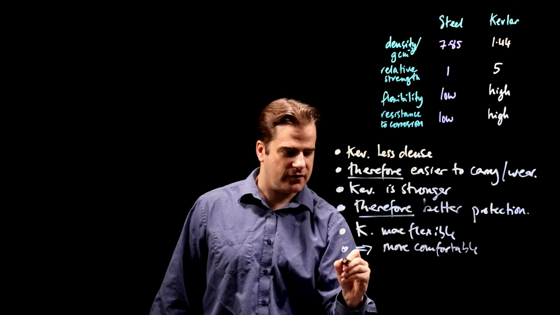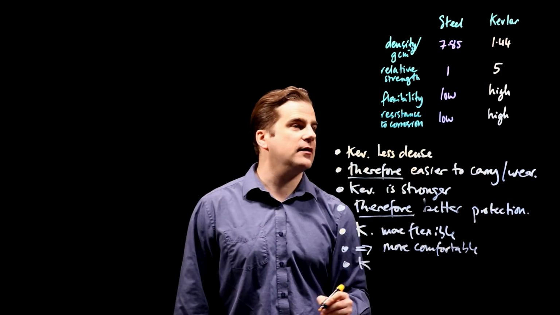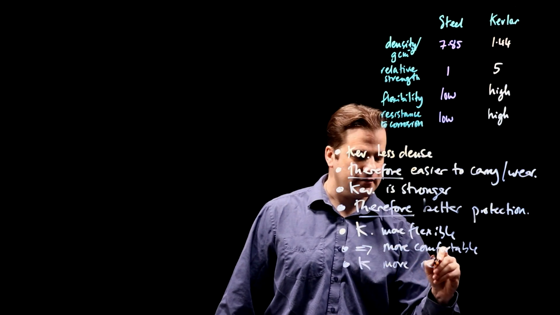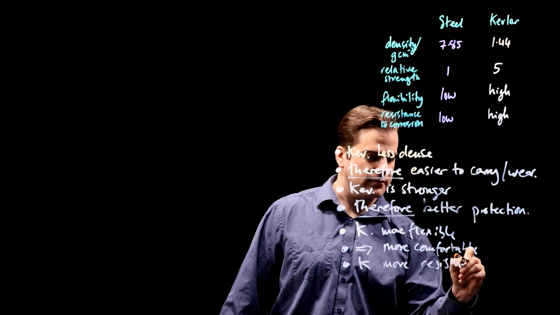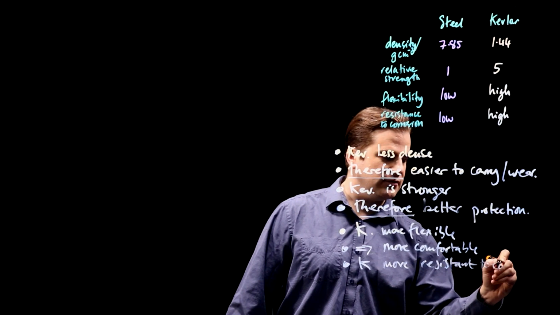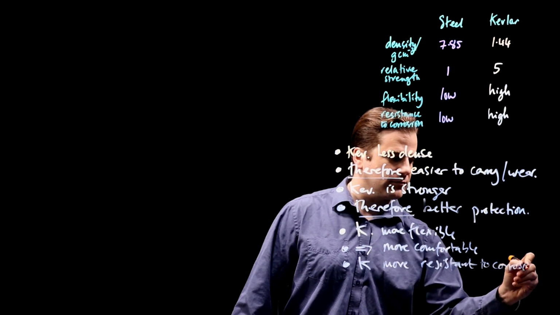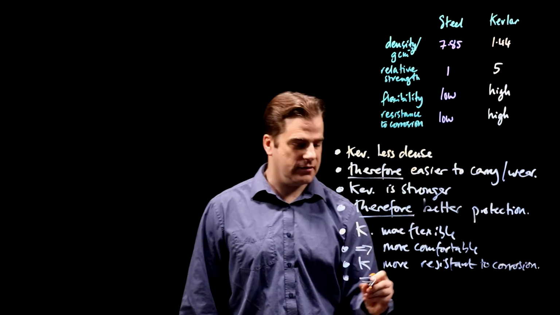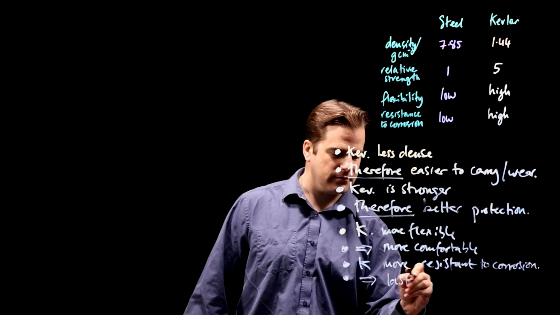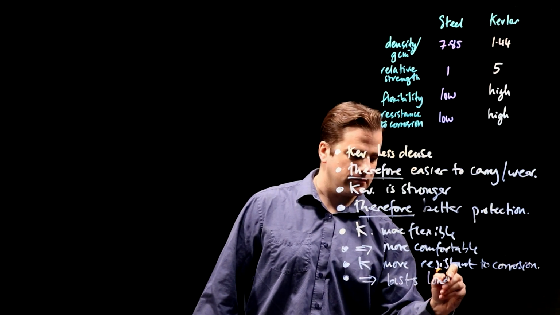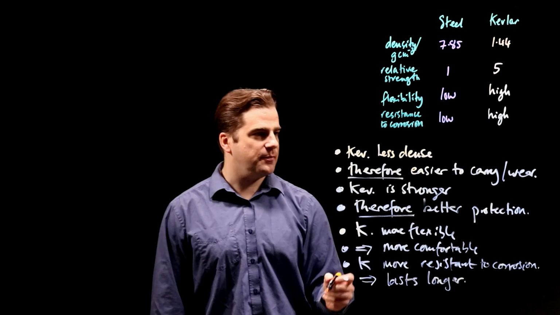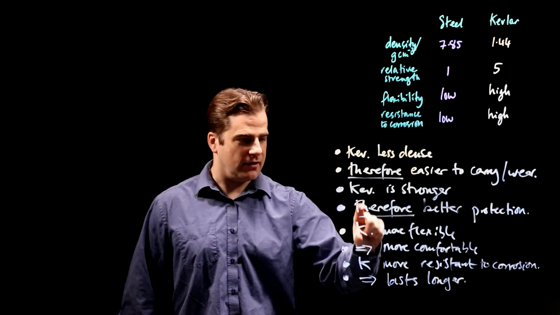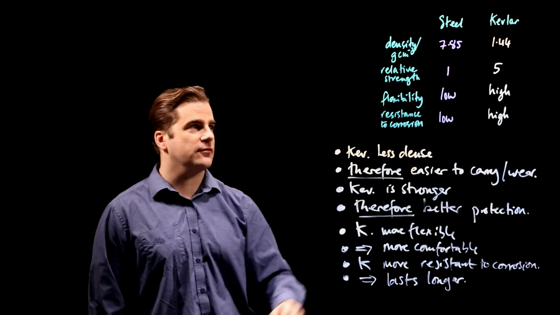Okay, or you could have said that Kevlar is more resistant to corrosion. Okay, therefore it lasts longer. Okay, just pick any 2 of those 4 for your 4 marks.